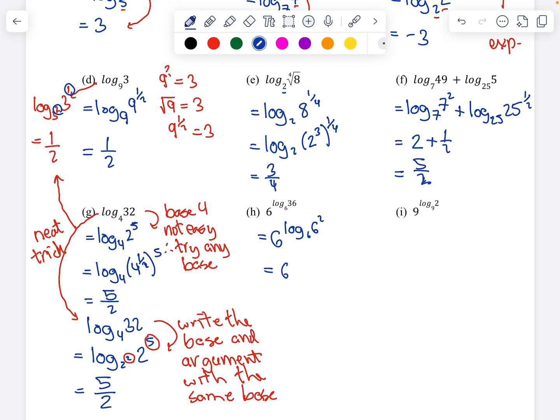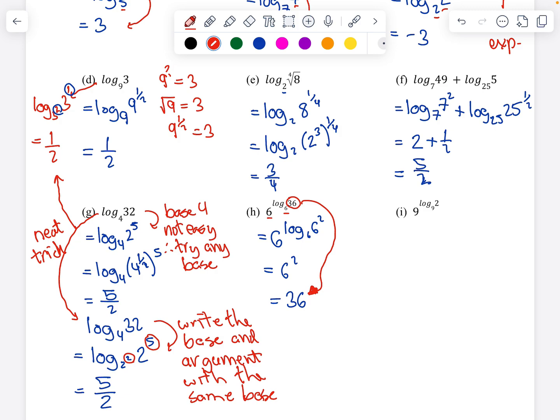So here we have 6 squared. And if I do 6 squared, we get 36. Now notice the original question, where did the 36 come from? Well, the 36 is the argument here, and there is our answer. And that happens because these are the same base.